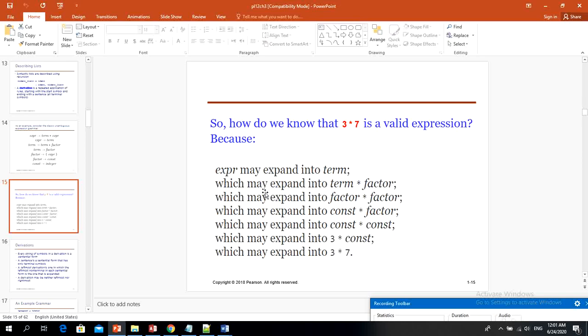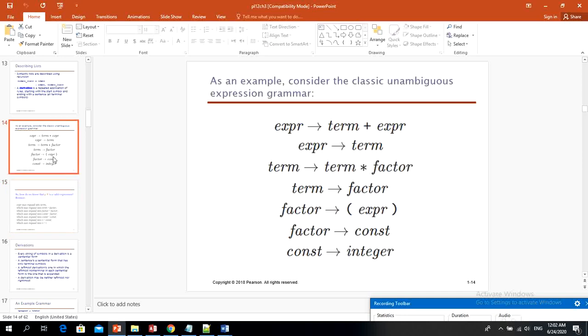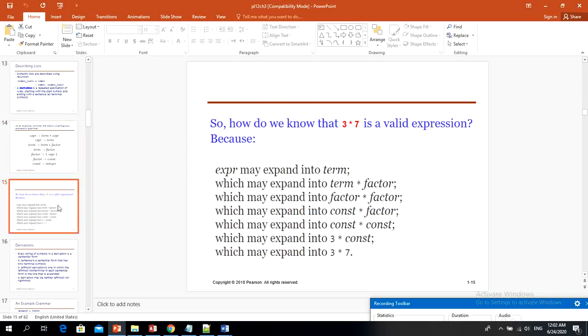Take the second one, which means this term may expand into term multiplied by a factor. Here, like this one, term equals term multiplied by a factor. Third one here. So that means this term might be factor multiplied by factor.